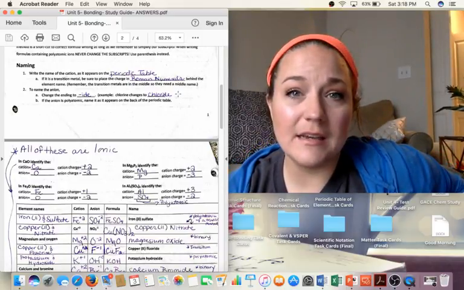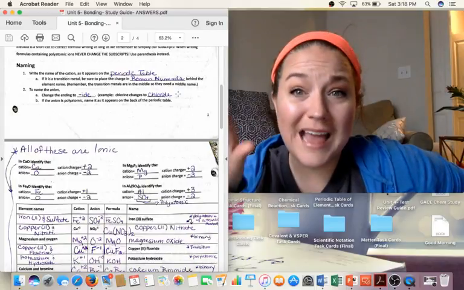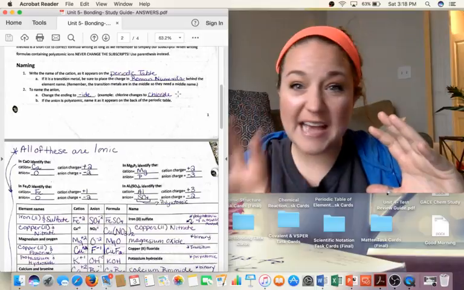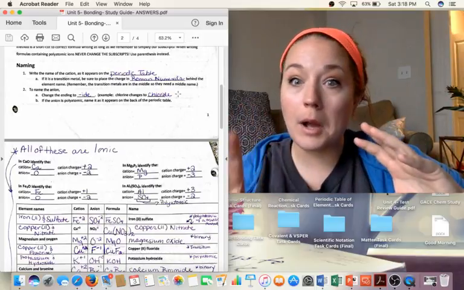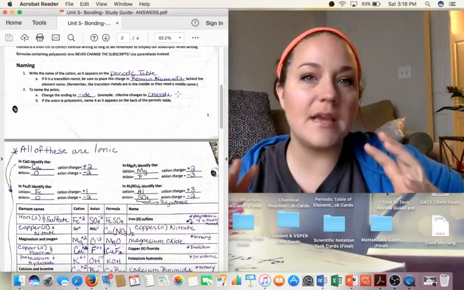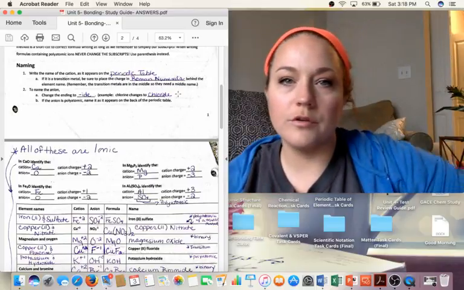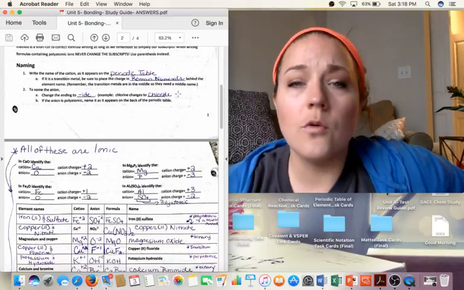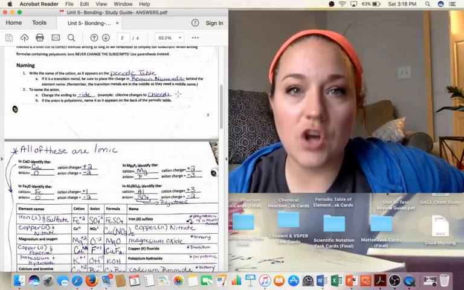That is key. When you're going from an element name, the whole written out part, like potassium chloride, copper chloride, you have to make sure that the Roman numerals are written in the middle. Those Roman numerals represent the charge.